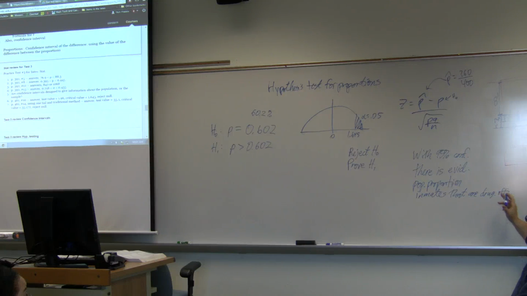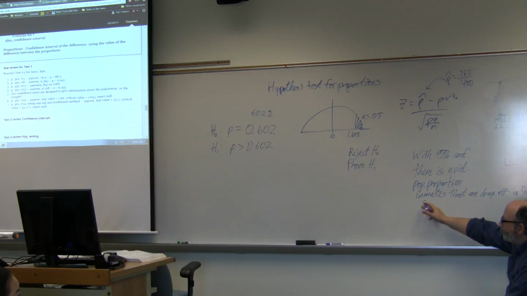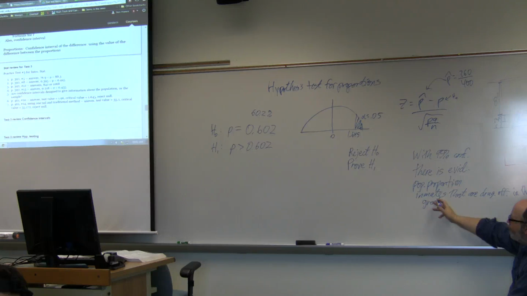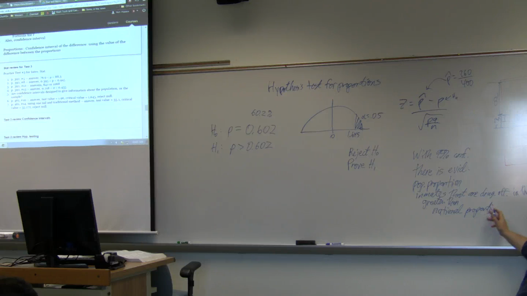And where did this come from? The warden's prison. In this prison, okay? And what direction? Greater than. And what are we comparing it to? The national proportion. Okay, once you have these pieces in place, then maybe it's more clear exactly what's going on, right?